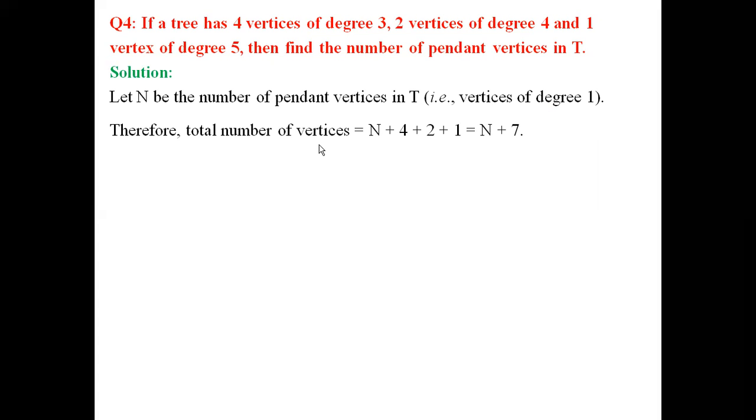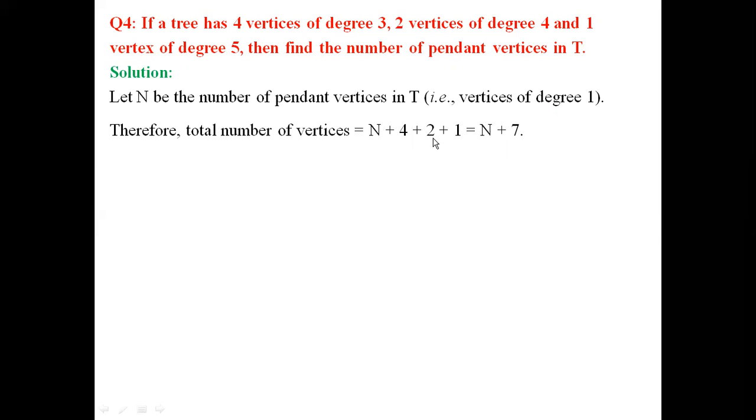So the total number of vertices in the tree will be N, which should also be considered here because it gives the pendant vertices having degree equal to 1, plus, from the data, 4 vertices of degree 3, so 4. Then there are 2 vertices of degree 4, so 2 is written.